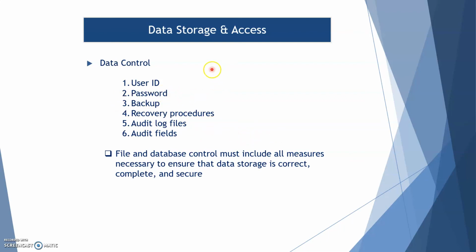The data control includes user ID, password, backup, recovery procedures, audit log files, and also the audit field. File and database control must include all measures necessary to ensure that data storage is correct, complete, and secure. So that's all for this chapter.